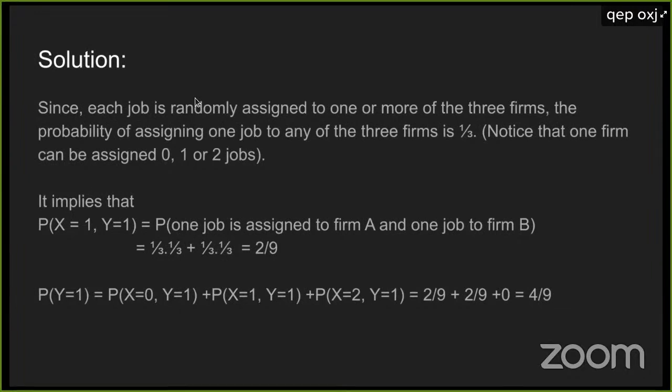Why 1 by 3 into 1 by 3 plus 1 by 3 into 1 by 3? Okay, so if I wanted to assign a job to firm A, what is the probability for that, to have x equals 1?